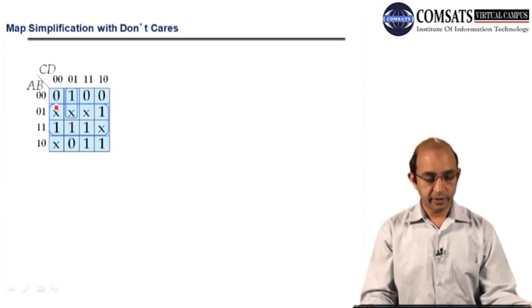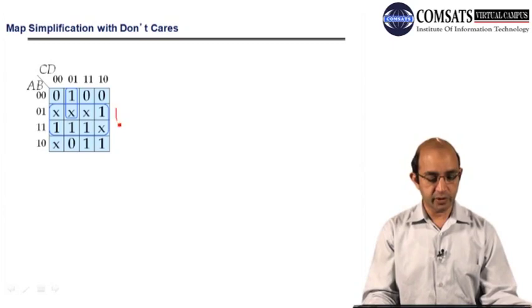By virtue of those don't care conditions, I am able to have this quad. I have taken those don't care conditions as ones. You know that by having a quad we have the maximum possible simplification, so we are only left with B as a result of this quad. And if I talk about this one, I can have a pair if I take this don't care as 1.